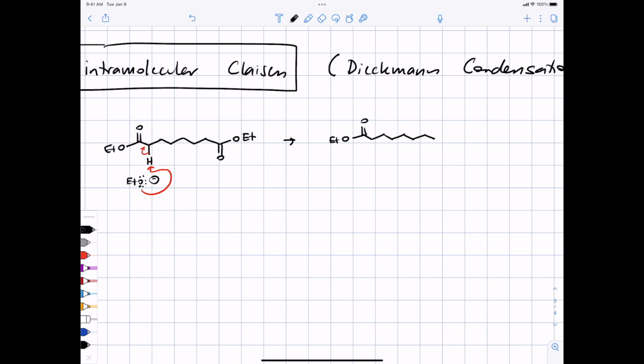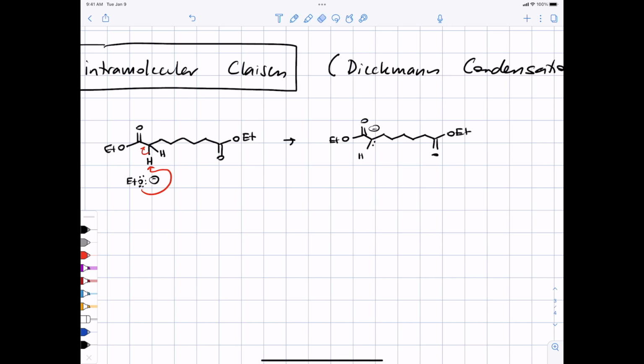Fortunately, unlike the intramolecular aldol where we had to think about there being multiple possible aldol products because of the multiple possible enolates that we could form, there's only one kind of alpha proton here, so there's only one kind of enolate to form.